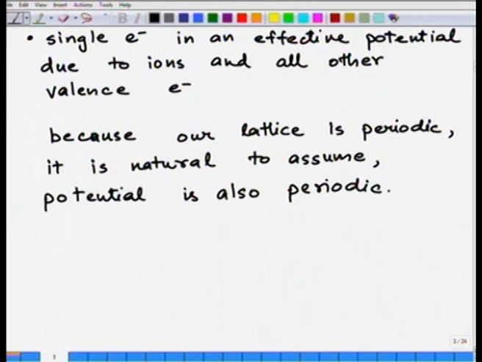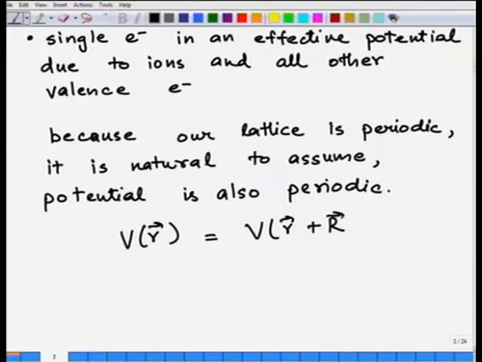Since the period in the lattice is capital R, therefore, the potential at any position must be the same as the potential at a position shifted by R. It should also have the periodicity of the lattice, which is capital R. So, that should always be true.